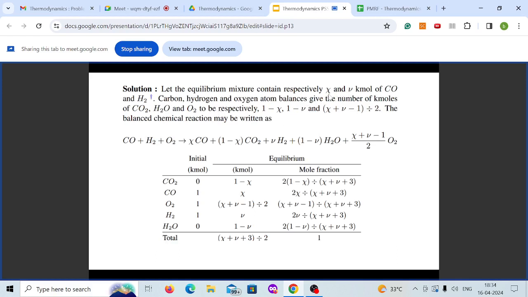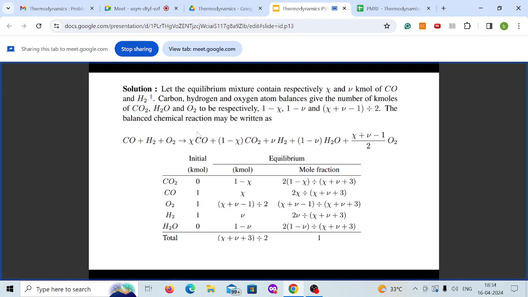So if we assume that x kilomoles of carbon monoxide is formed and v kilomoles of hydrogen is present at equilibrium, then when we do a component balance of carbon, oxygen and hydrogen, this is what we get for the other components.